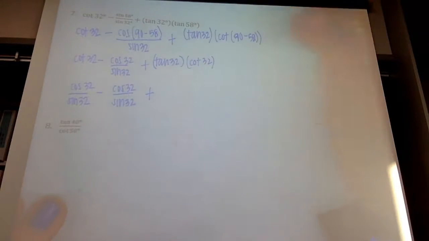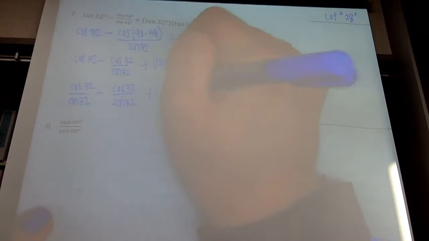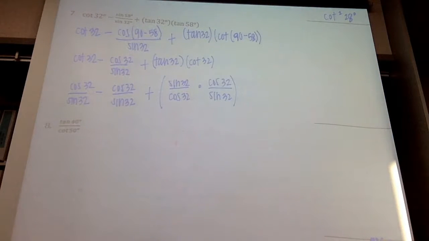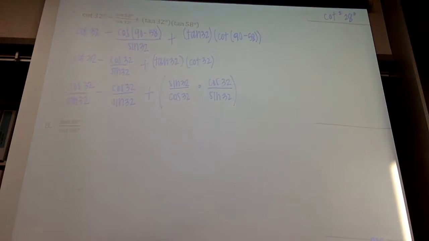Plus, okay, tangent 32. I'm going to put this whole thing in parentheses just so we don't forget that we're multiplying it all together. Tangent is sine of 32 over cosine of 32 times cotangent, which is cosine of 32 over sine of 32. Okay, so at this point, hopefully you're seeing what's happening here.